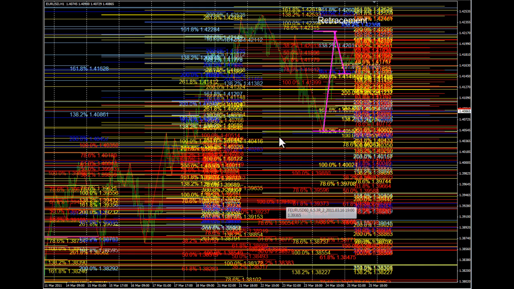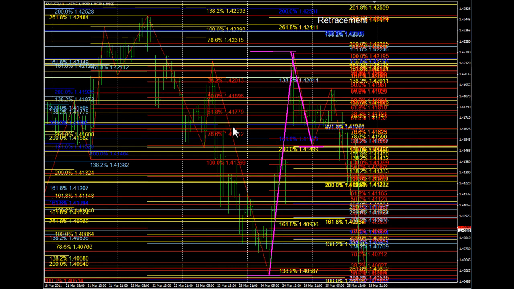Okay? So once it ranks it, it looks and says, okay, where do I have confluence? So in this particular chart, if we just do it by eye, we've got a confluence here. We've got a confluence here.